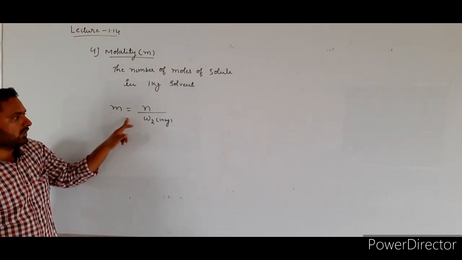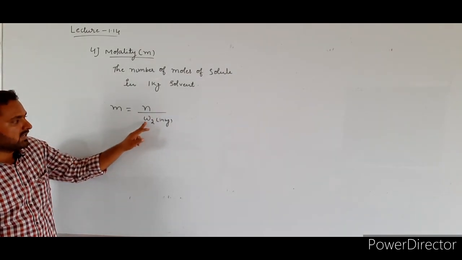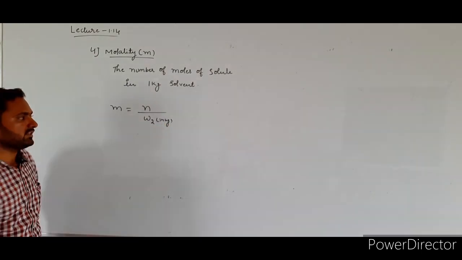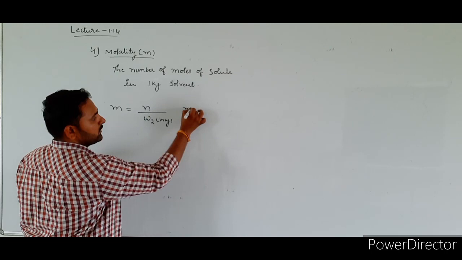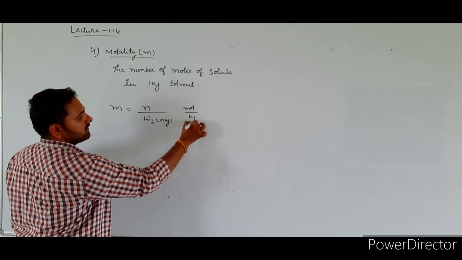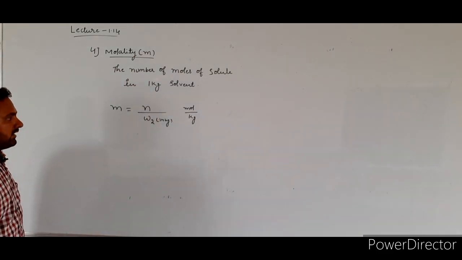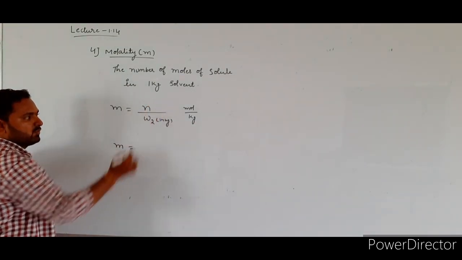Then what is the unit? Number of moles, that means mole. Mass of solvent is kg. The unit of molality is mole per kg. Next, molality is equal to number of moles.